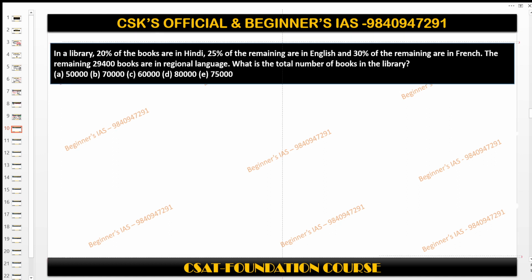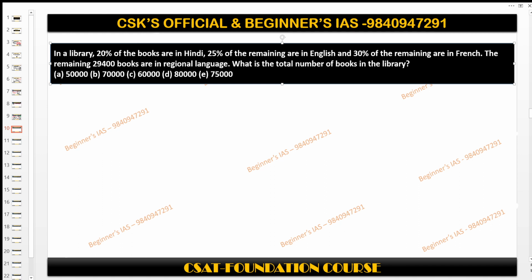So how many of you are getting this question? Let me check. In a library, 20% of the books are Hindi, 25% of the remaining are English, 30% of the remaining are in French, the remaining 2940 of the books are in the regional.